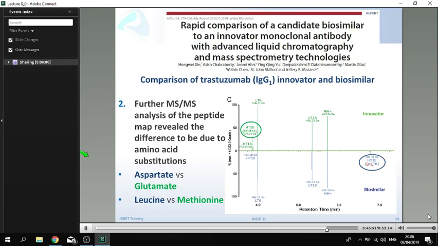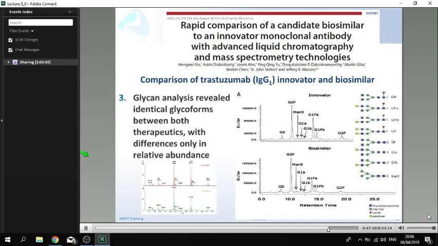So wherever the innovator had glutamate, the biosimilar had aspartate, and wherever the innovator had methionine, in the biosimilar there was leucine. So there was actually a different amino acid sequence, and that caused a difference in the weight of one drug compared to another.